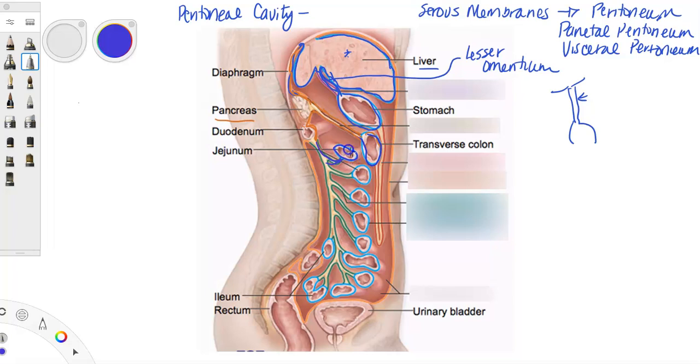So this is visceral. And it comes down to here. Here's another part of the intestine that's visceral. And then it comes back over here. And here's visceral. Because these are all attached to parts of or organs within the abdominal cavity. And this is basically the intestines. So then we come around here and we're attached here.